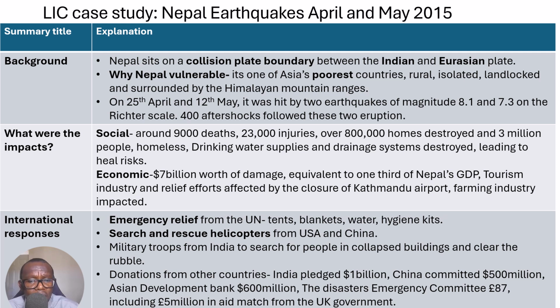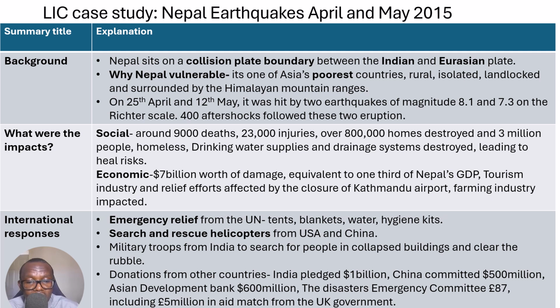So the social impacts here, there were 9,000 deaths, 23,000 injuries, and over 800,000 homes were destroyed. So 3 million people were homeless, and drinking water supplies were disrupted, and drainage systems also destroyed, meaning that sanitation was poor, and this obviously led to health risks.